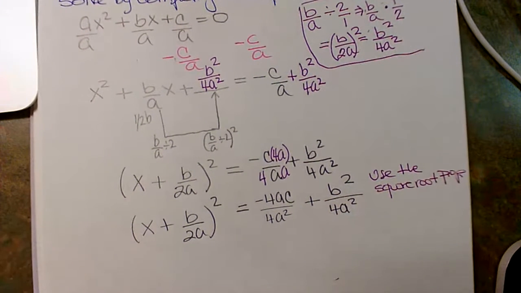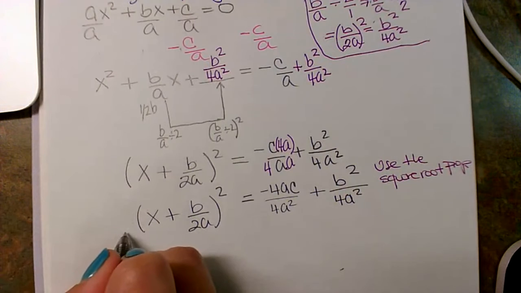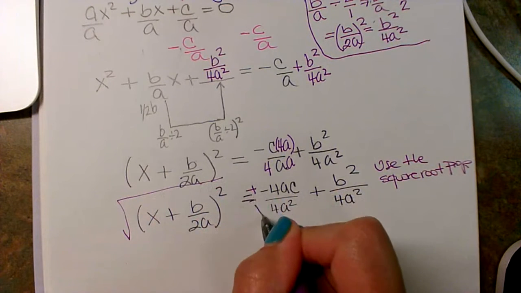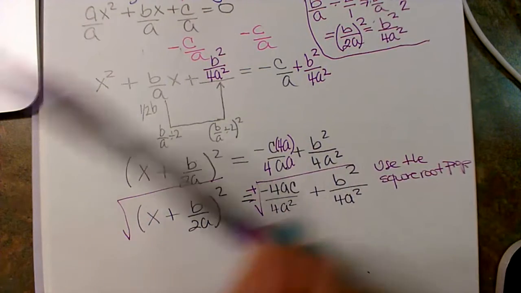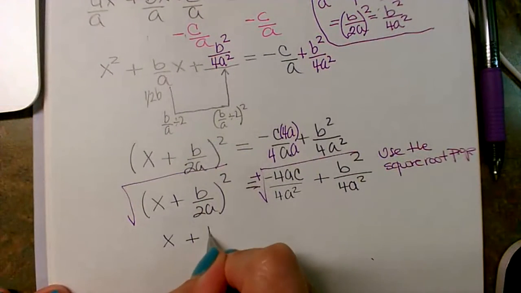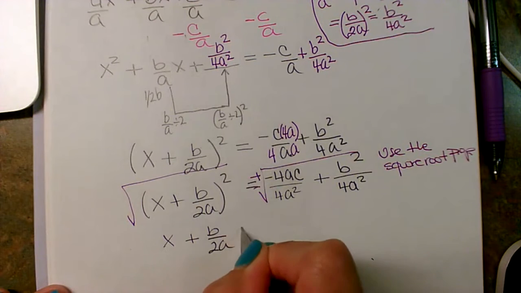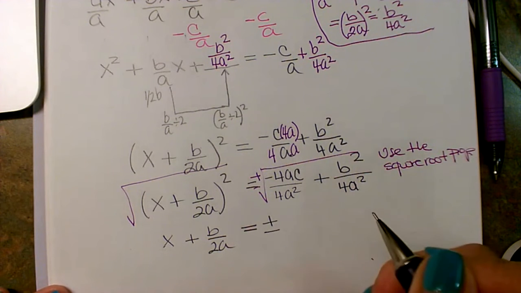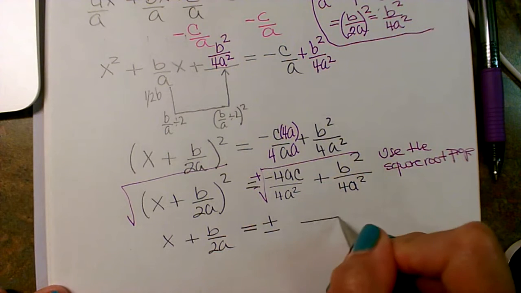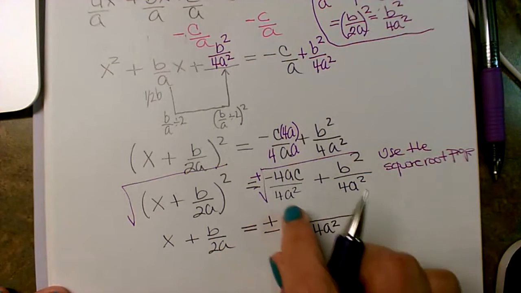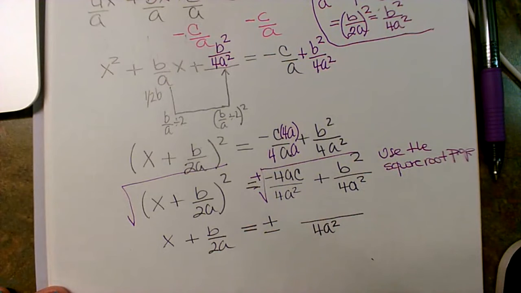So if I use that, what happens? If I use it here, this is going to be plus or minus square root. So we have x plus b over 2a, and plus and minus, right? The square root of the fraction, 4a squared, same denominator, right?